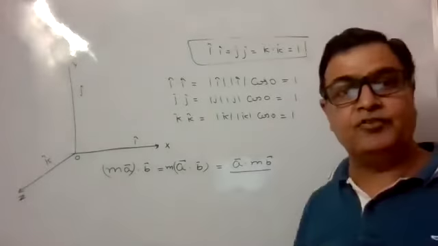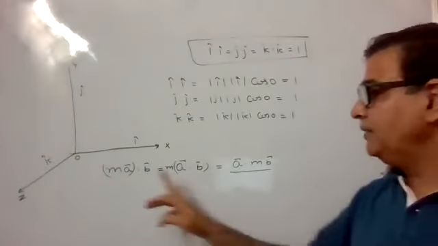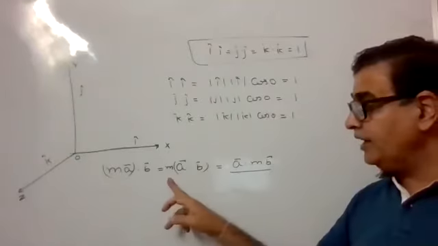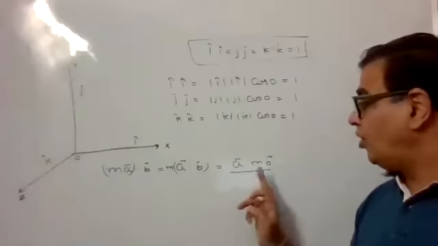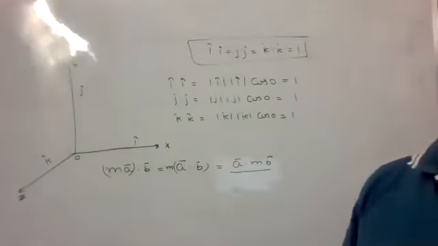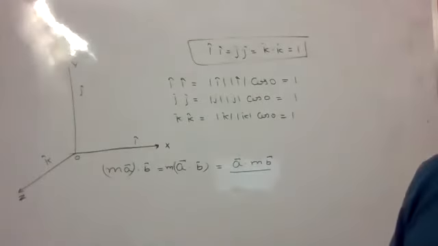So m can be taken with any of the vectors, there is no problem. You can take m times A, or m times the dot product, or A dot m b, they will be the same result. So a scalar can be multiplied with any one of them.